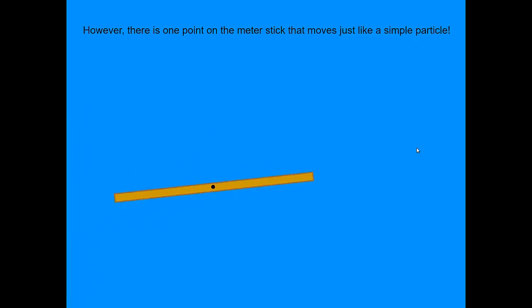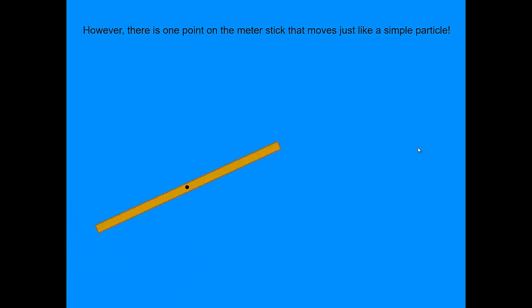See that point? If you look at that point on the meter stick, it's just moving in a straight line at constant speed. While the rest of the meter stick is moving in circles and moving to the right, little curly cues, if you will, the point here is just moving as if it was a particle.